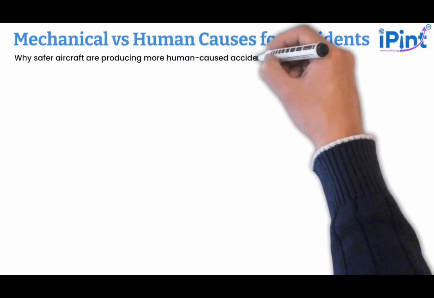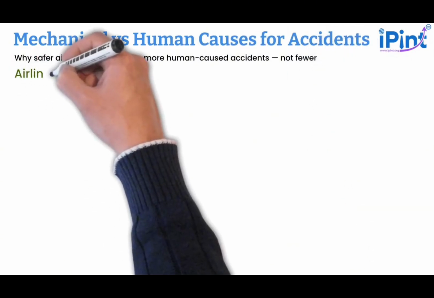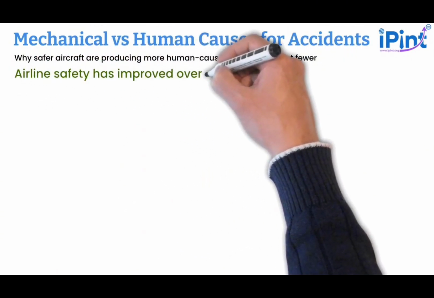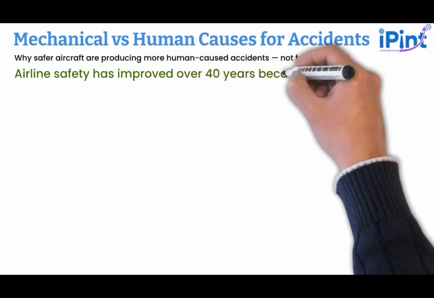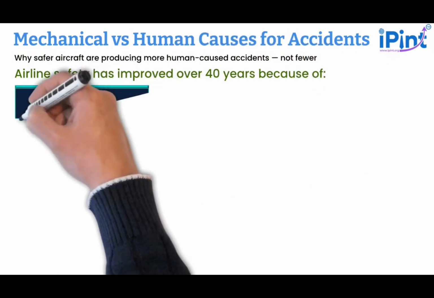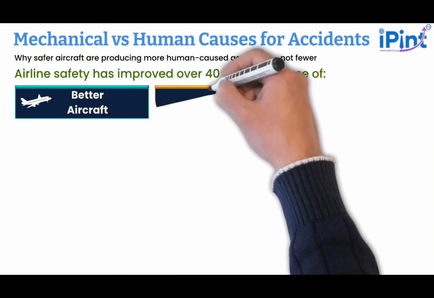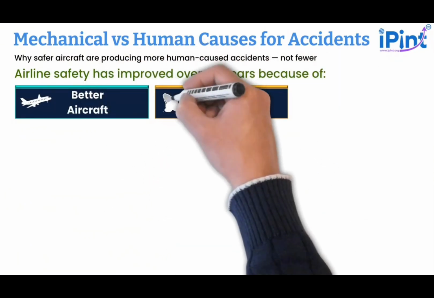Here is something that might surprise you. Over the past 40 years, airline safety has improved significantly thanks to better aircraft, better air traffic control, and better weather forecasting. These are real, measurable achievements.